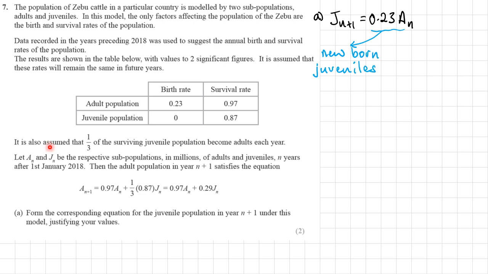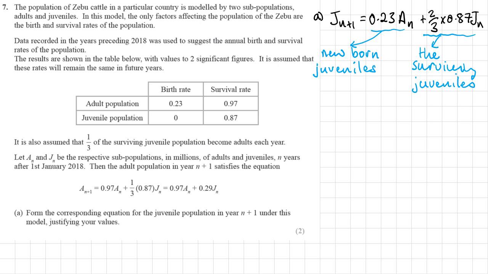Then you've got existing juveniles. Now it says that 1/3 of the surviving juveniles become adults each year. That means that 2/3 of them don't. And that's going to be 2/3 of the surviving juveniles. So that's going to be 2/3 of 0.87 jn. So this part here represents the surviving juveniles that were there already.